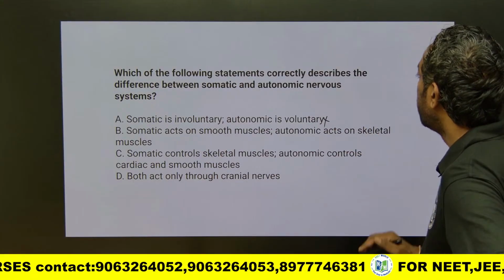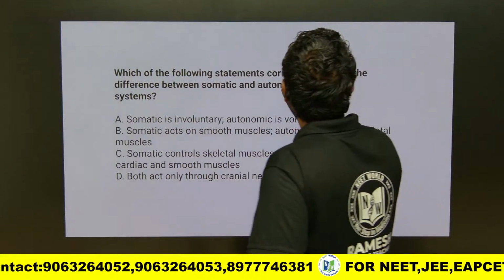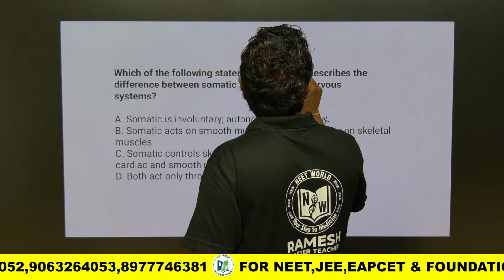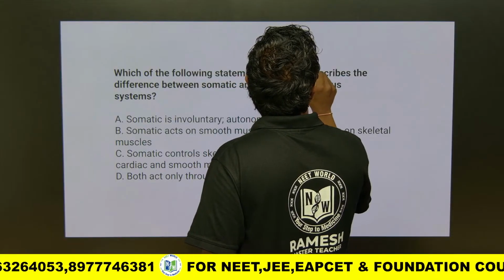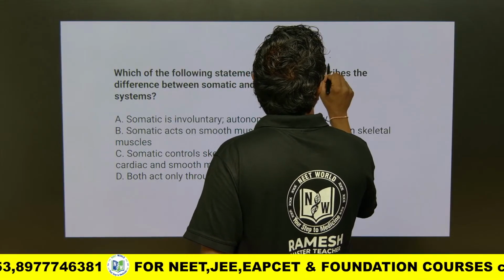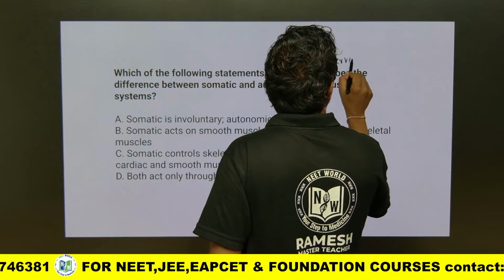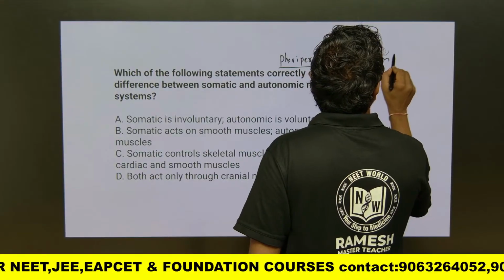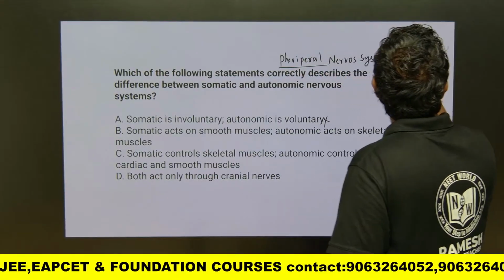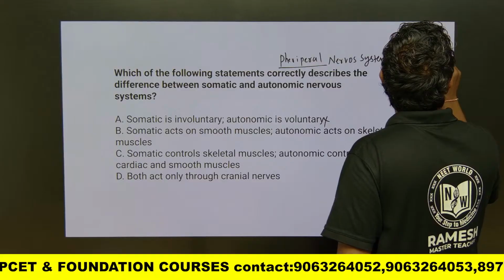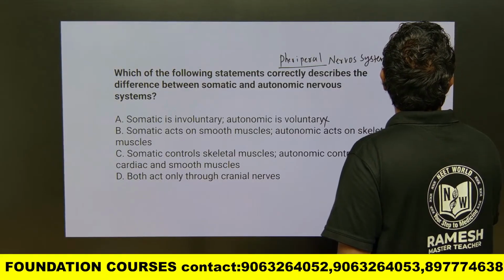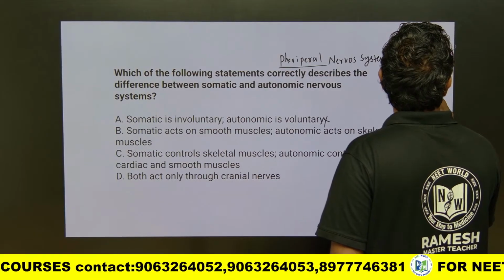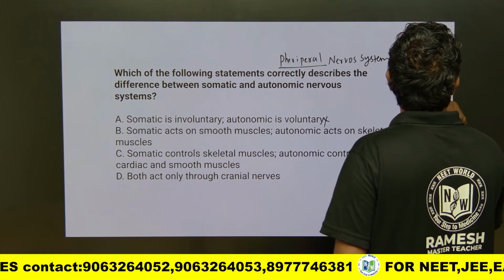There is the central nervous system and the peripheral nervous system. The peripheral nervous system has two types, somatic and autonomic.